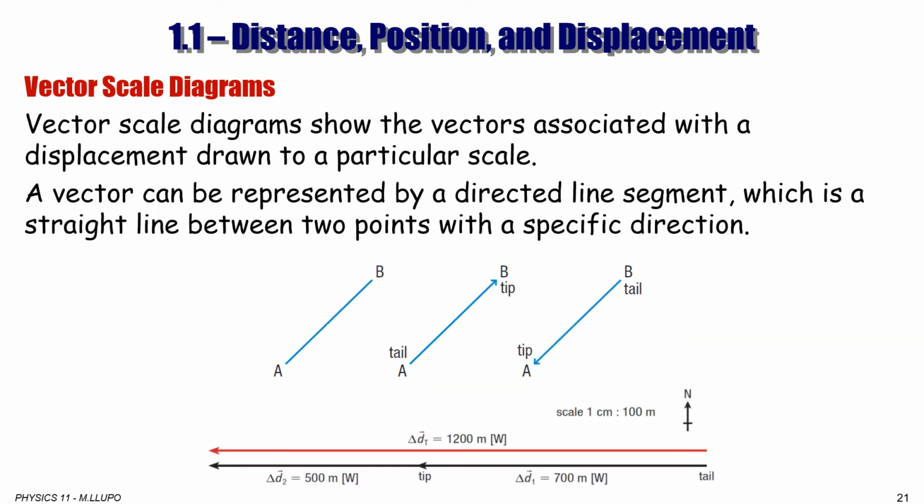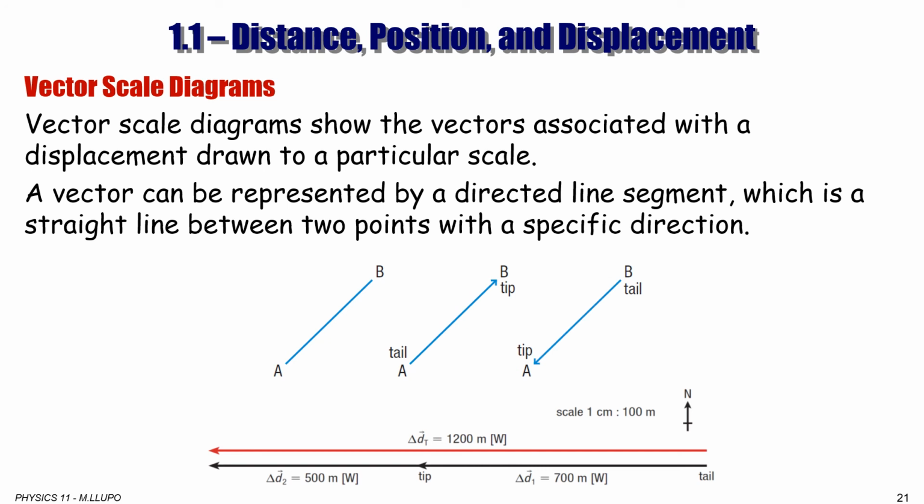The last thing that we're going to talk about is the vector scale diagram. A vector scale diagram shows the vector associated with a displacement drawn to a particular scale. Obviously, when we draw displacement, we don't have a huge paper to draw a 700 meter west vector or a 500 meter west vector. We can add those two together and get a total displacement.